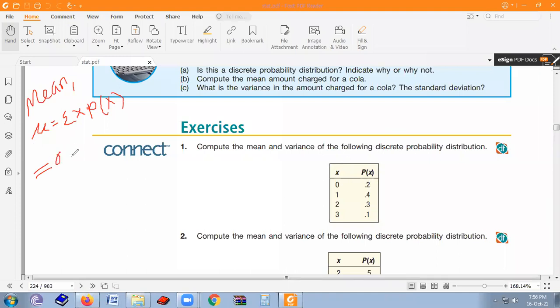So 0 into 0.2, plus 1 into 0.4, plus 2 into 0.3, plus 3 into 0.1. These are the values of x and probability of x, and for summation we give the plus sign. Do you understand how to put the values of x and probability of x?